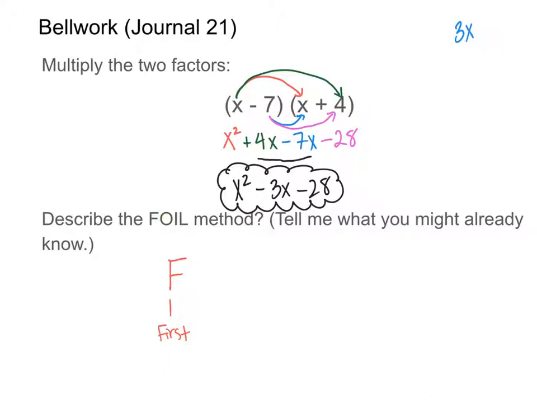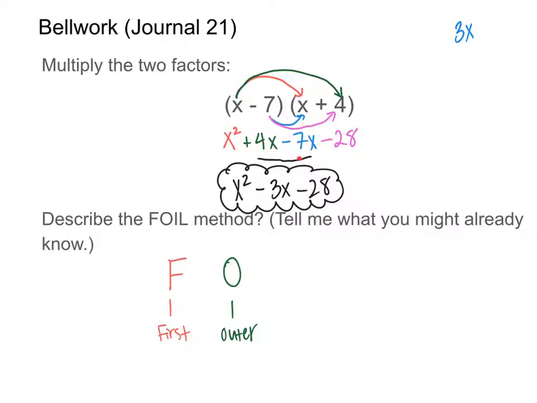O stands for outer. I used green. O stands for outer. And that's because you're taking the outer terms of the parentheses and multiplying them. The x and the 4 would be considered the outer terms, and you multiply them to get 4x.